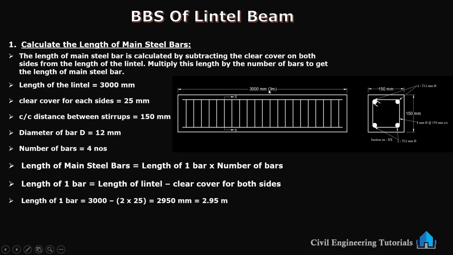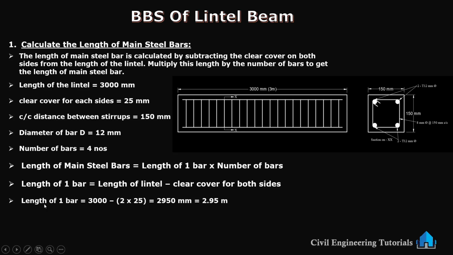Length of lintel 3 meter minus clear cover 25 for both sides, 2 into 25, gives 2950 millimeter, that is 2.95 meter. So length of one bar is 2.95 meter, where we deducted the clear cover on both sides from 3 meter.